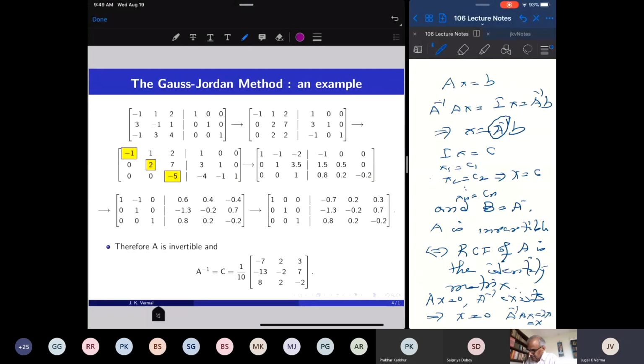We can convert the decimals into fractions, and A inverse is 1/10 times this 3 by 3 matrix. It is one of the most efficient methods to find the inverse of a matrix, or solve a system of inhomogeneous equations, Ax equal to B, where the matrix is invertible.